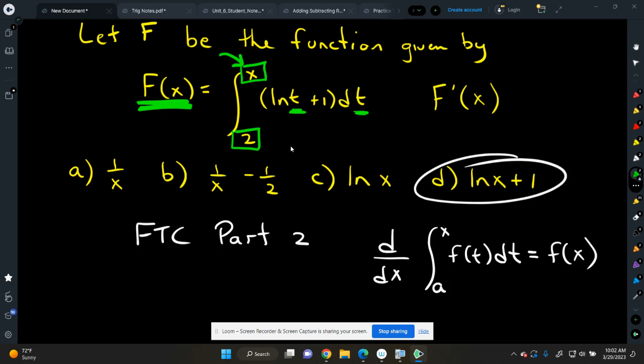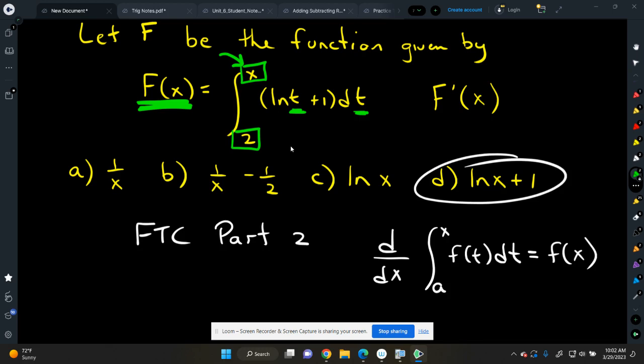Okay, let's see here. We're meditating, can you tell?